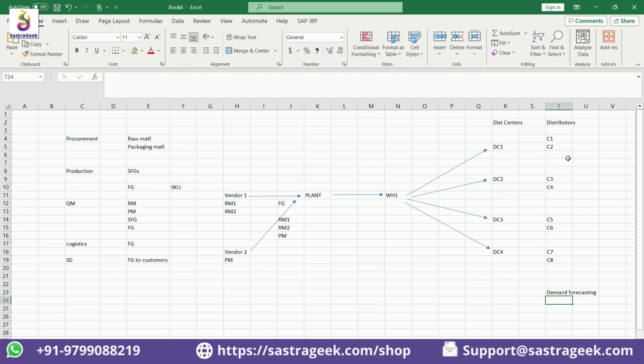Certain organizations which are executing their statistically based demand planning will say that I have a demand planner in my organization who should have exposure to the statistics concepts and should be able to predict the demand based on the sales history, how much I have sold to this customer in my last 3 years, right?